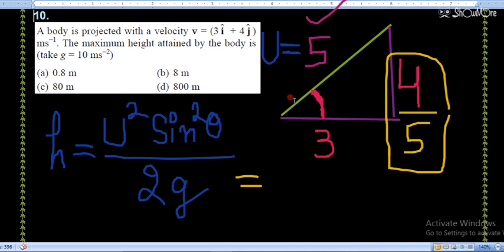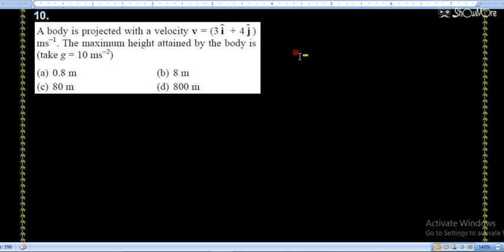So now we can put the value of u equal to 5 square, into sin theta which was 4 by 5, so 4 by 5 square.